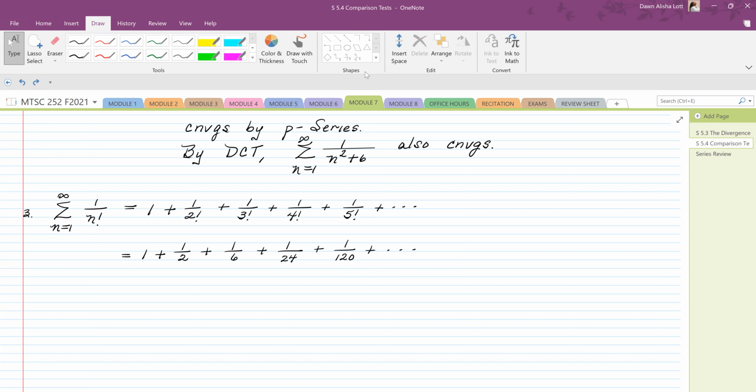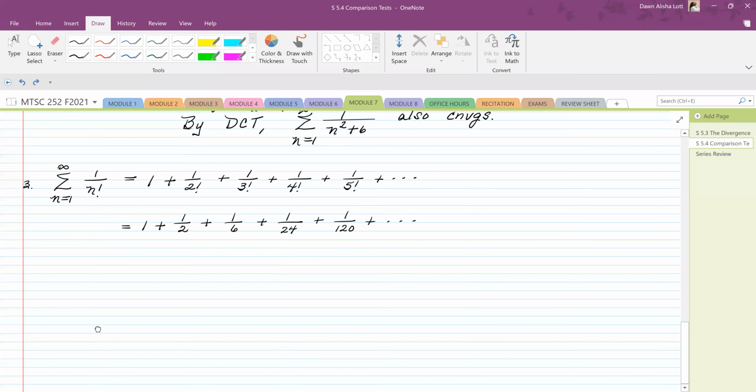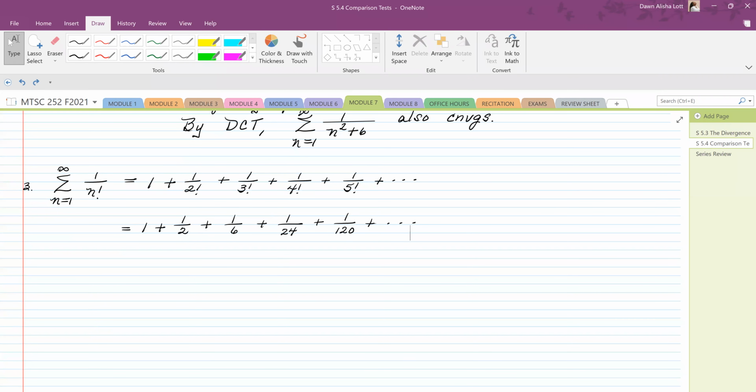So clearly these terms right here, I can't tell whether they're bigger or smaller if I were to try to look through and do the harmonic series. But we did do one that looks similar to this. I know that 1 is equal to 1. 1/2 is equal to 1/2.